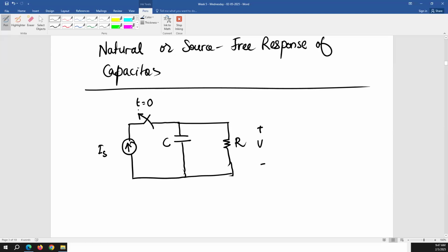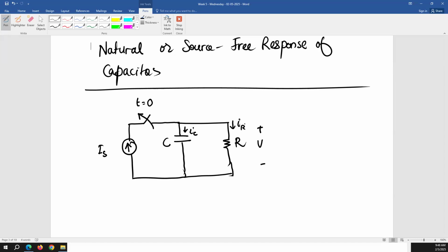In this case, let's assume that the circuit is running for a very long time and the switch is closed. IS is going to be divided into two currents, IC and then IR, according to KCL. Okay, so let me ask you this.